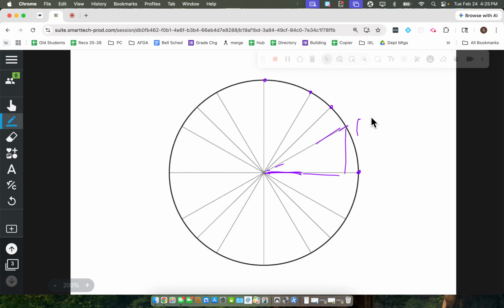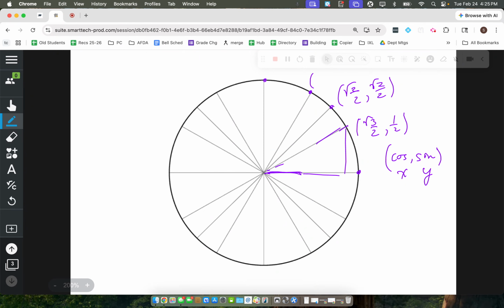Root 3 over 2, 1/2. In the parentheses, I always say cosine first and sine second, because cosine is associated with x, sine is associated with y. Next stop. Root 2 over 2, root 2 over 2.